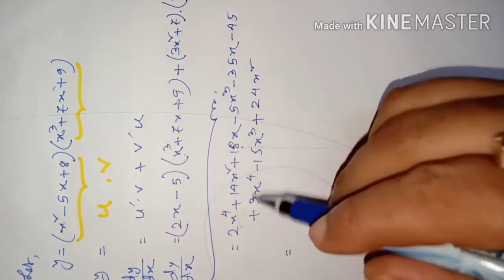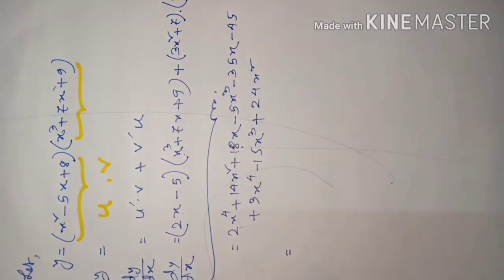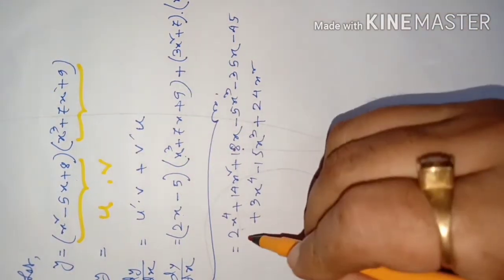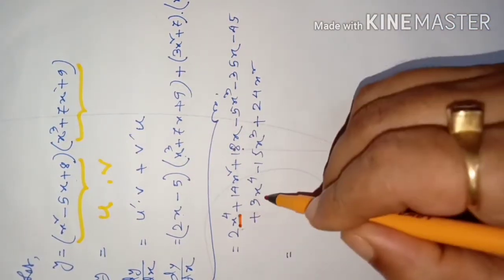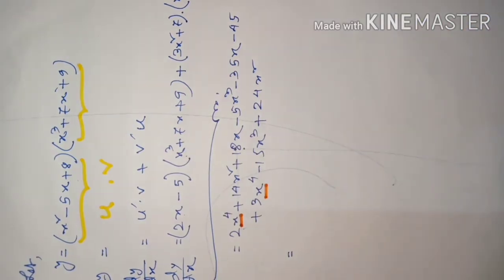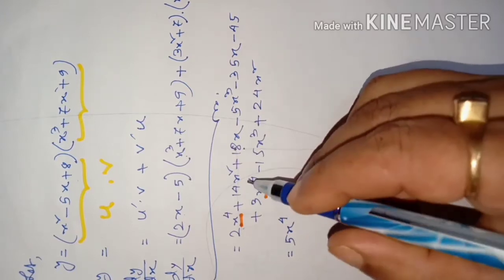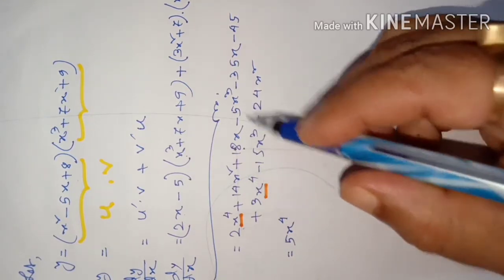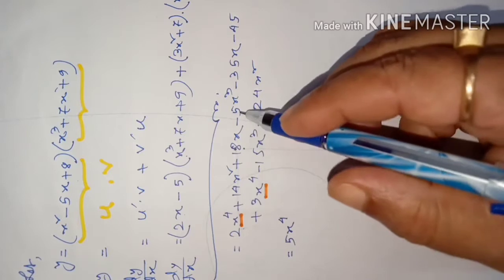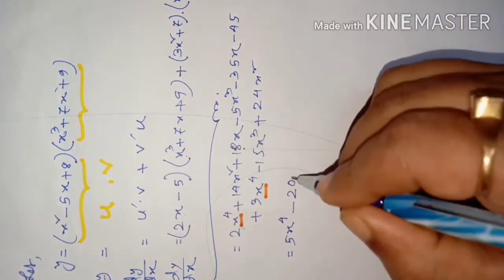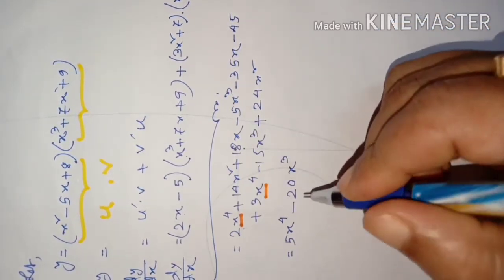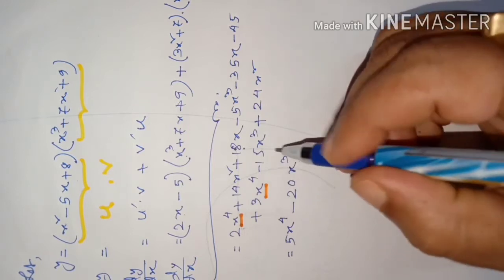If we combine the like terms now, look at the like terms. Here 2x to the power 4, here 3x to the power 4. So that means x to the power 4, 5 times, 5x to the power 4. Then x cube, here 5 times, here 15 times negative, so minus 20x cube.